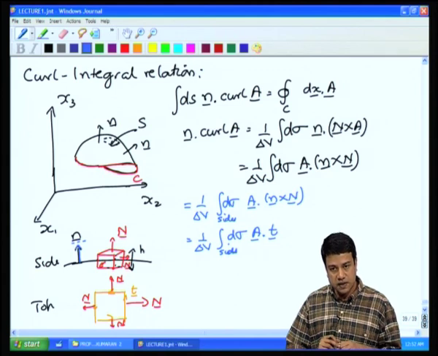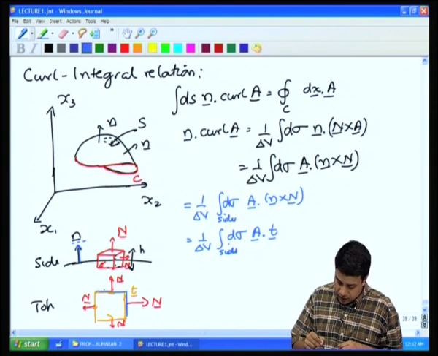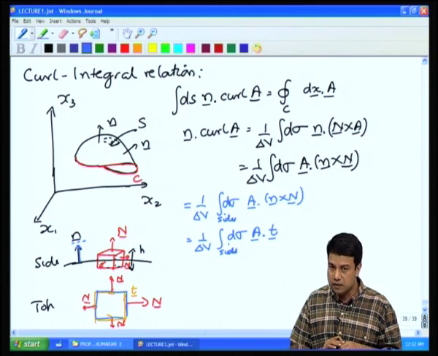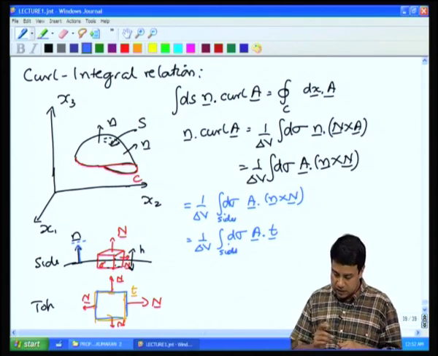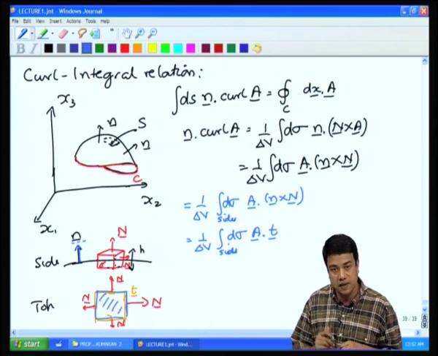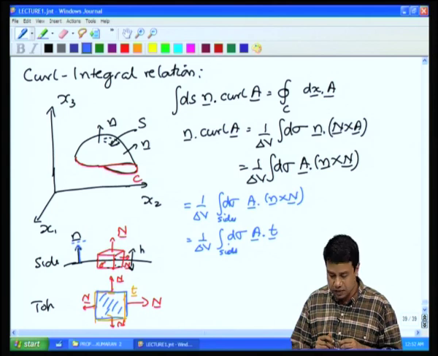The surface area of the sides is equal to this contour length times the height h. The volume of this box is equal to the area of this patch of surface times the height h.